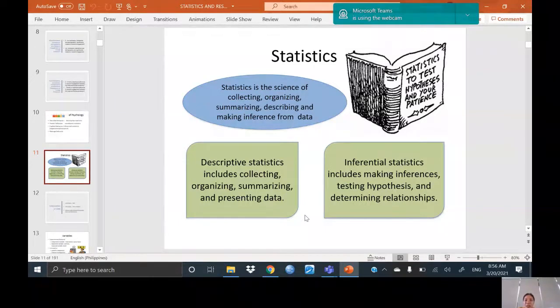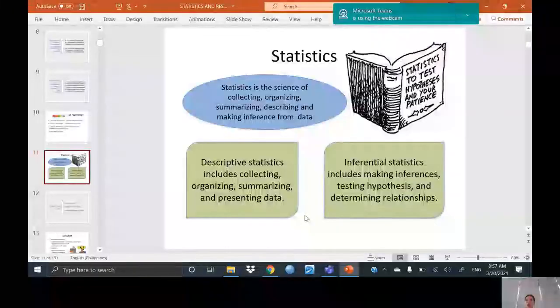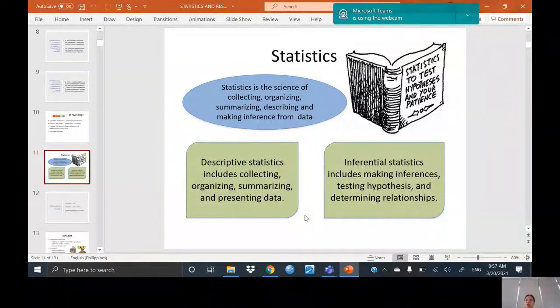Now, inferential statistics, however, is another part of statistics that includes making inferences. That is, we are testing hypotheses and determining relationships with the use of inferential statistics. So it is a step higher than descriptive statistics, because with inferential statistics, we pose a certain hypothesis, an educated guess, and then we try to test whether it is true to the population.